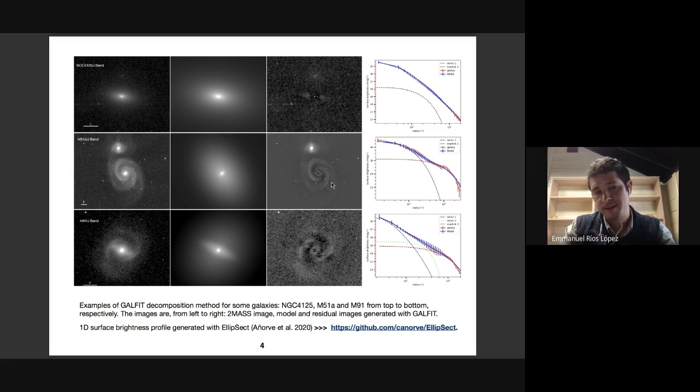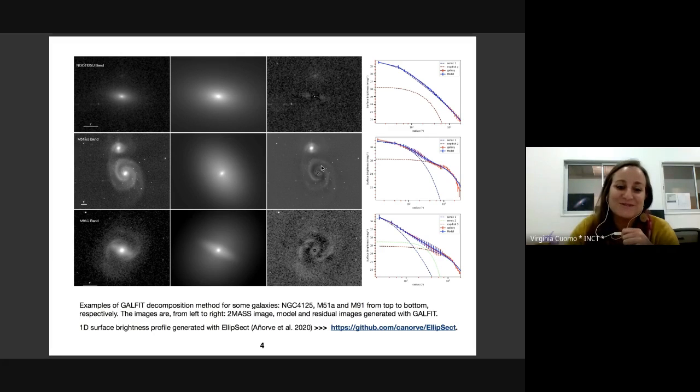That's why in this image I put the residual image. For this galaxy, I found that the model was better by taking both galaxies individually. I don't know if this answers your question. Yes. Okay. Thank you.